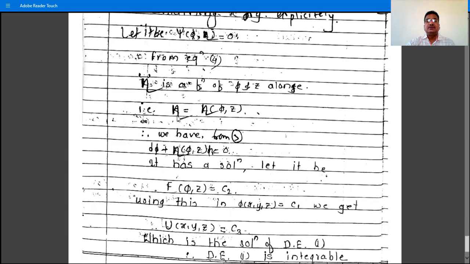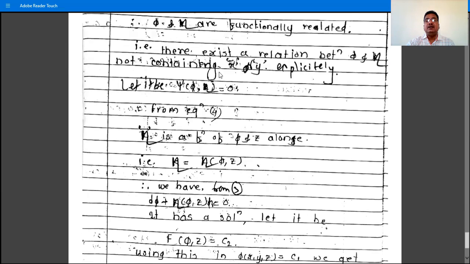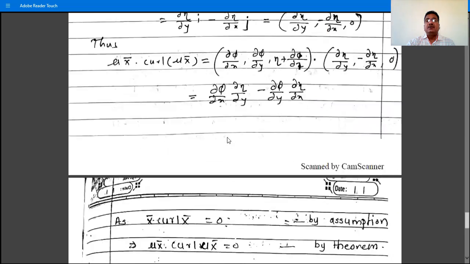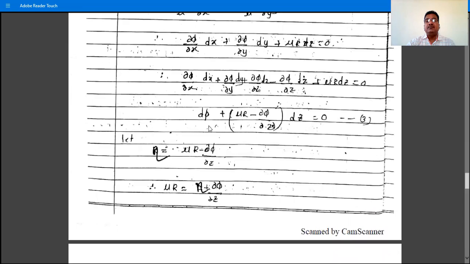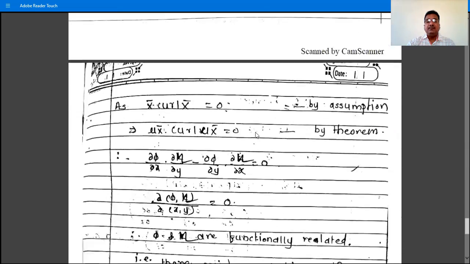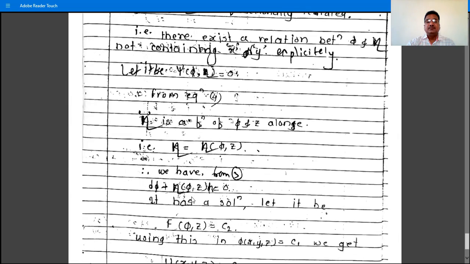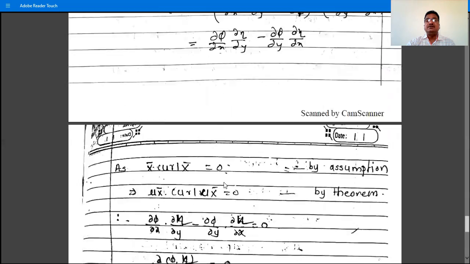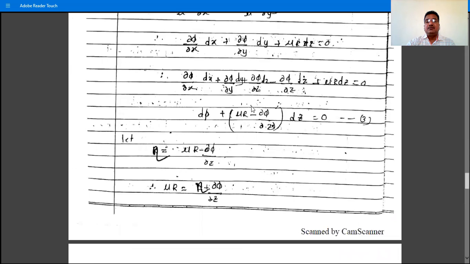After solving this, suppose ν is equal to ν(φ, z), that is the function of φ and z alone. This equation number 4 indicates that. And so therefore from equation number 3, we have dφ plus ν(φ, z) dz is equal to 0.